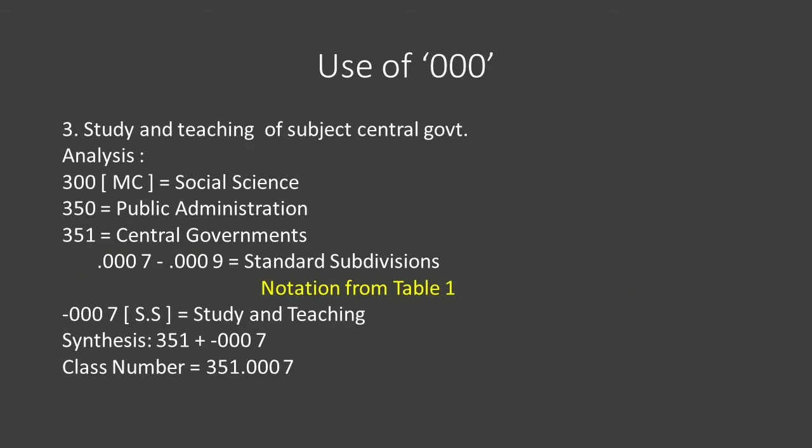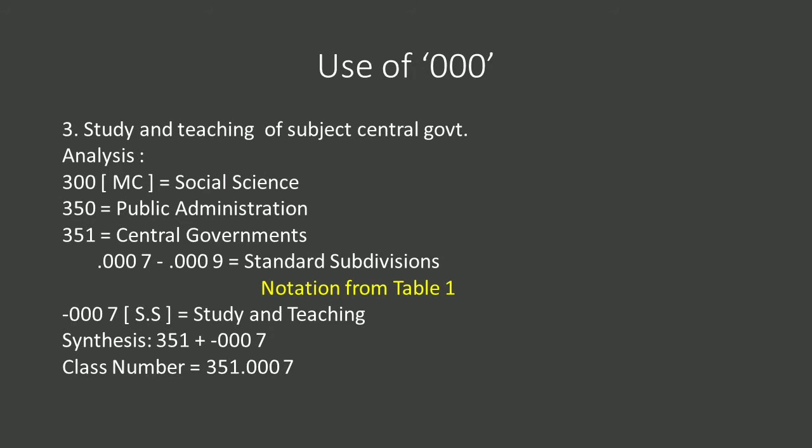The next one: sometimes we have to use 3 zeros between the notation of the main class and the notation of standard subdivision. Here, three zeros. Here is the example: study and teaching of the subject central government.